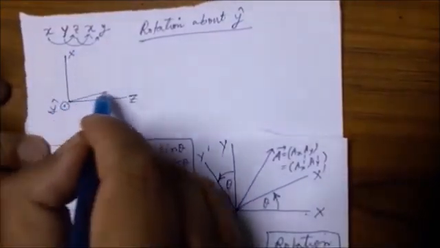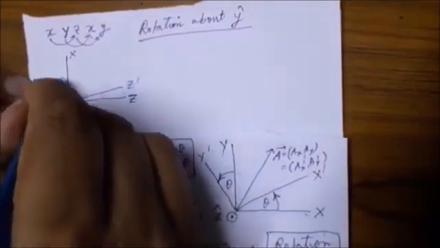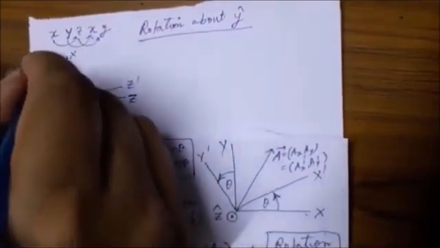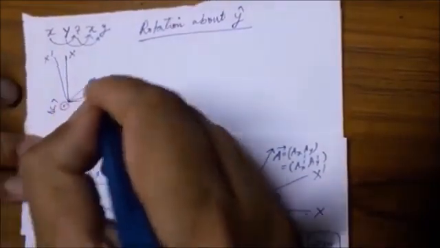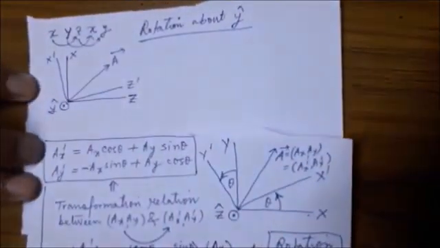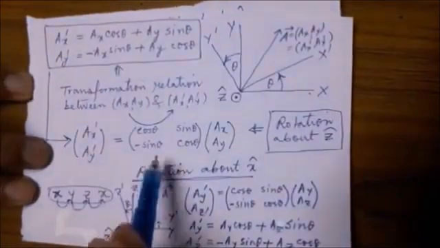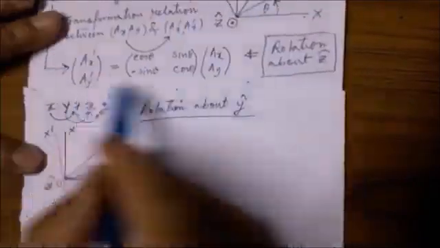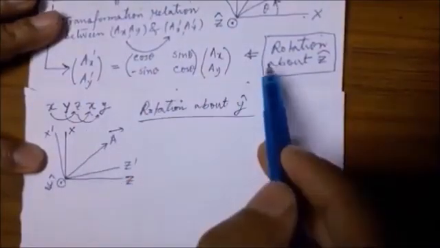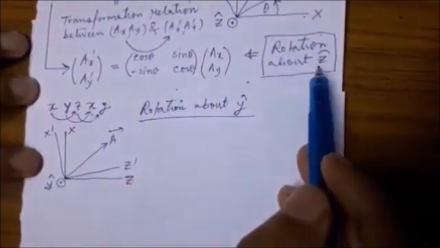So this is the thing, and due to rotation about y, z goes to z prime, x goes to x prime, and this is the vector A. Now we'll write down this transformation relation, which is the transformation relation with respect to rotation about z cap.